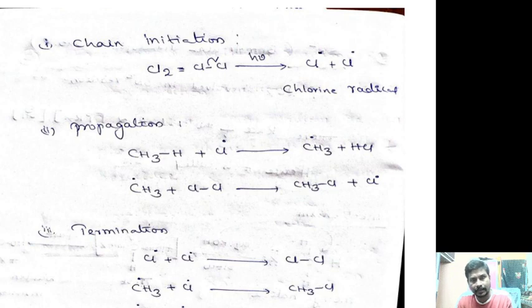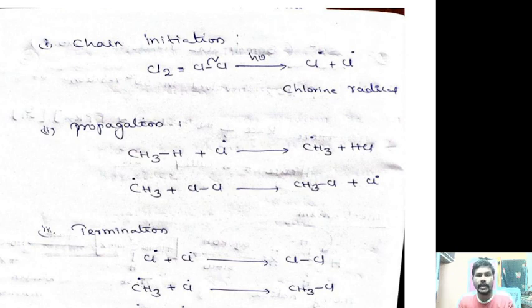This chlorine radical again takes part in the first step, giving methyl radical again. Similarly the steps repeat, so the chain development takes place in the second step. It is called propagation.